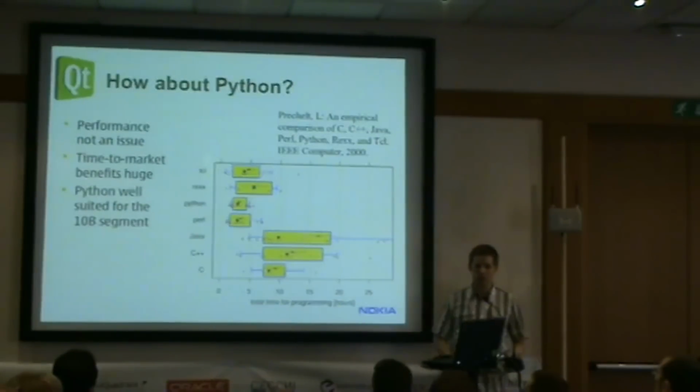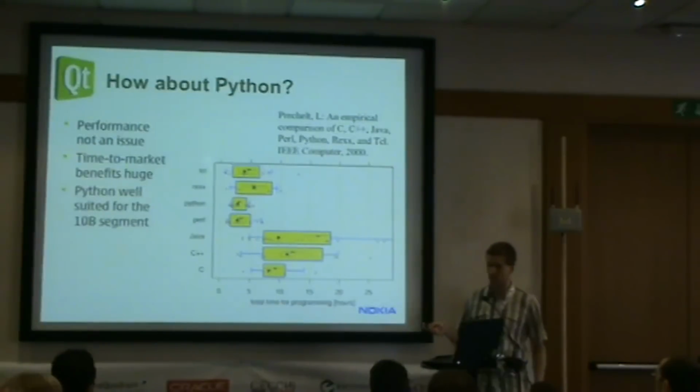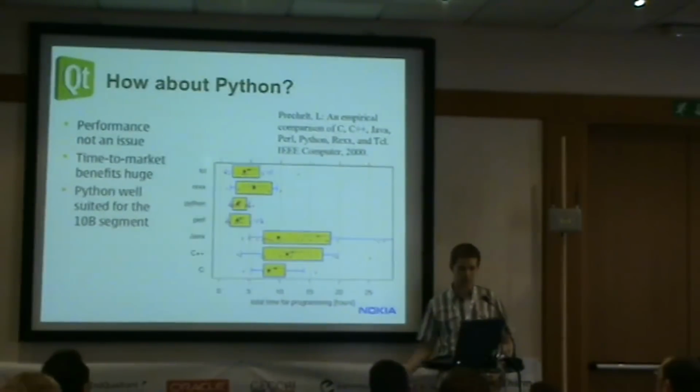I'm preaching to the choir here, but everybody here knows about the efficiency of writing, how fast it is to write Python code, and I did a bit of digging and found this IEEE article where they objectively compare different languages and compared their performance in different tasks, both the runtime performance, but more interestingly also things like the total time for programming, and Python is very much at the top here, the leading language. It's written in 2000, but things shouldn't have gotten worse since.